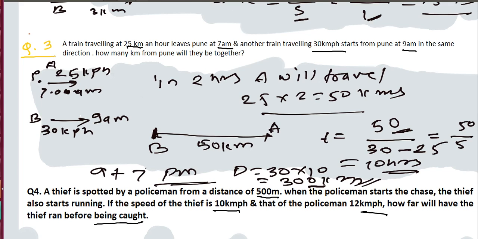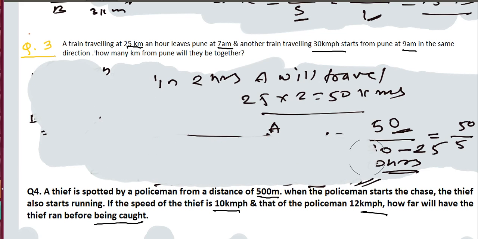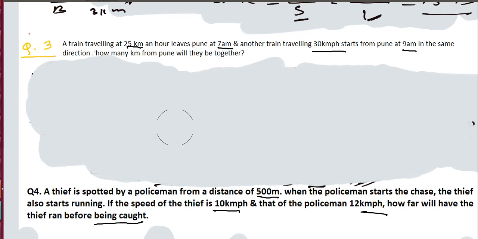So let's solve the next question. The next question is, a thief is spotted by a policeman from a distance of 500 meters. Let me make some space here before we solve this question.